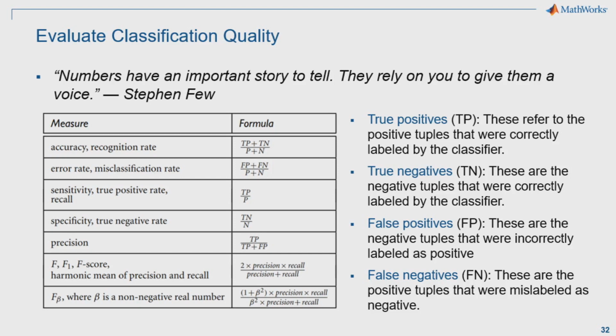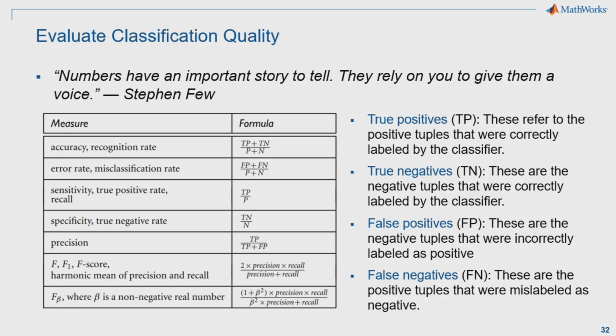True positives refer to what are called the positive tuples that were correctly labeled by the classifier. Here, positive and negative are just used to denote class 1 or class 2 in a binary decision problem, and in particular, often positive examples are used to denote the examples of the class that you want to classify completely correctly, which is the most important one, let's say.